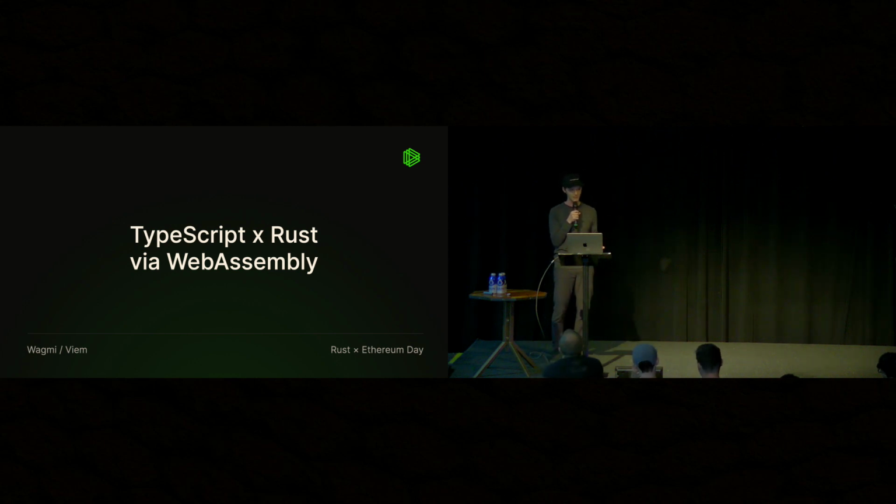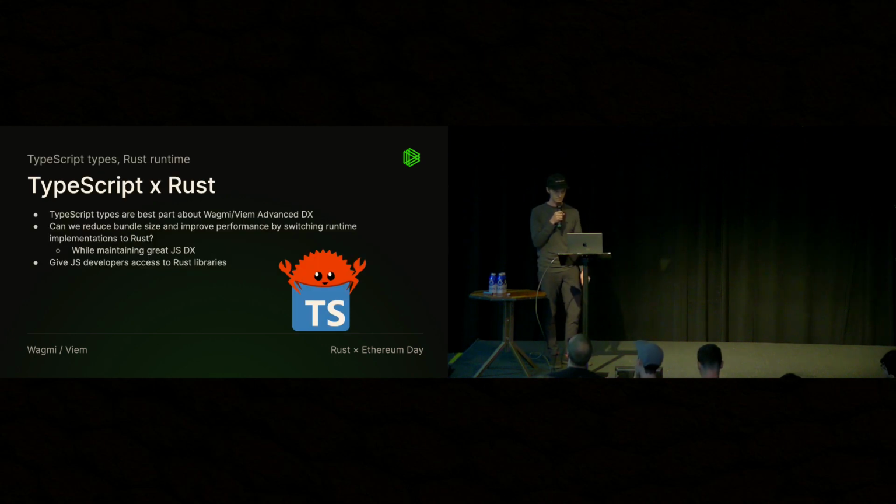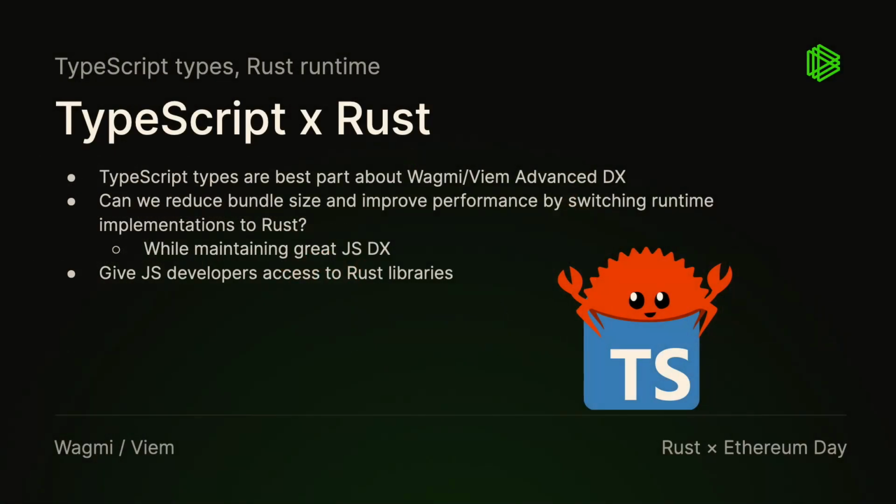Maybe they're really solid, lots of people use them, they're extremely performant. So this is just an exploration into TypeScript and Rust via WebAssembly. The goal here was to see if we can maintain the same developer experience, but also reduce things like bundle size, improve performance significantly, and give JavaScript developers access to the Rust community, because there's a lot of great stuff happening.